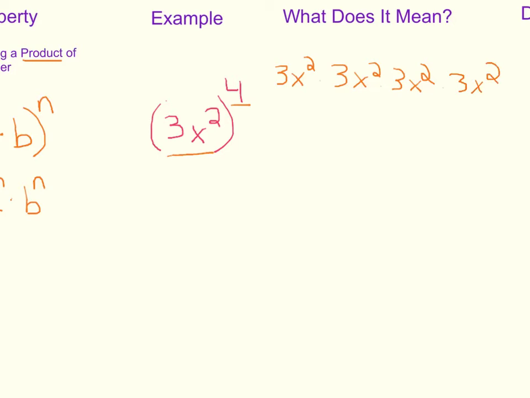So 3 times 3 times 3 times 3 is 3 to the 4th power, and then x squared times x squared times x squared times x squared. Each of those has 2 x's, so when you multiply them all together, you will have 8. So 3 to the 4th and then x to the 8th, which you can take one step further and say 81x to the 8th.